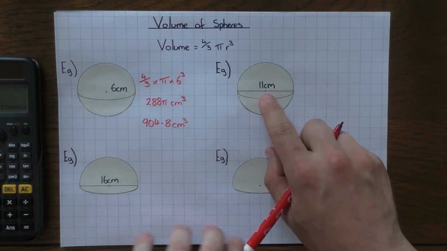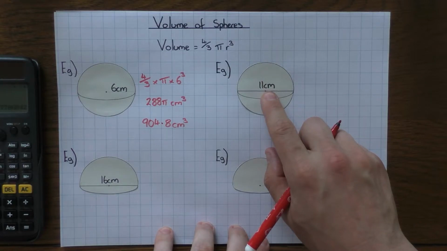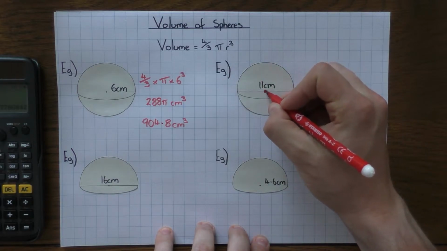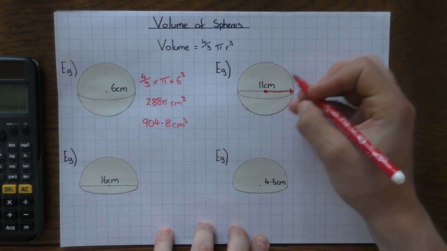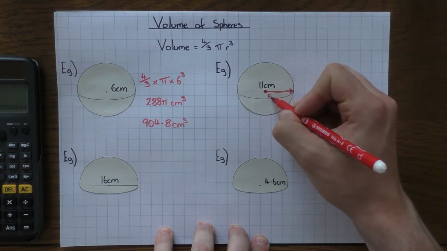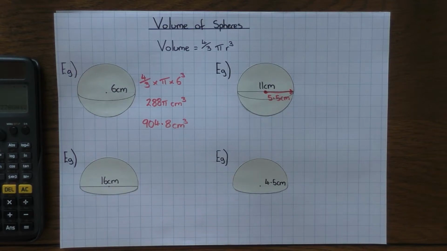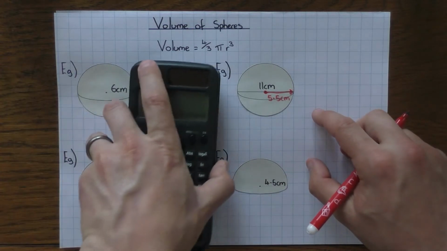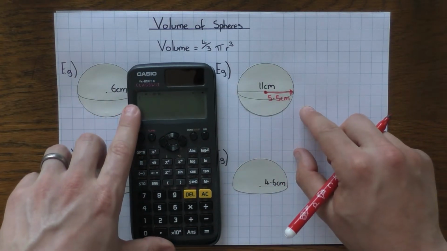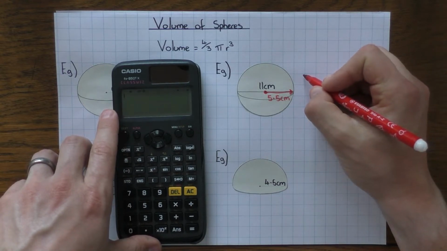So this time we've been given the diameter, but the formula uses the radius. So the first thing you're going to do is half that to get 5.5 centimeters, which is the radius, and then that's what we're going to use. Now, if you don't have a fraction button, don't worry, because I'm going to show you how to do that in a minute anyway.